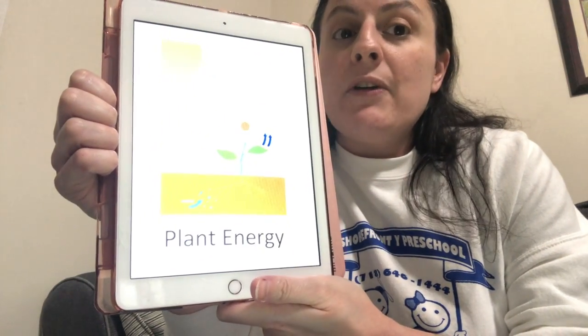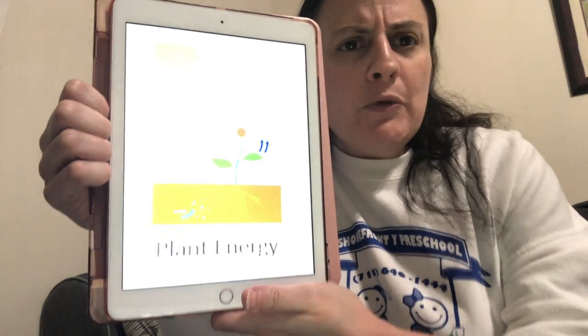Energy is power that living things use to move or grow. So you use your energy eating your healthy food to grow big and strong and to move around. Flowers and plants use the sun's energy to give them energy to grow into bigger plants.